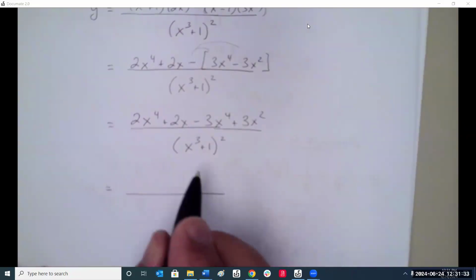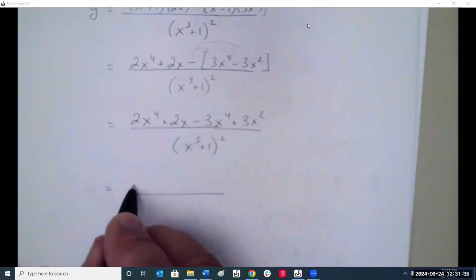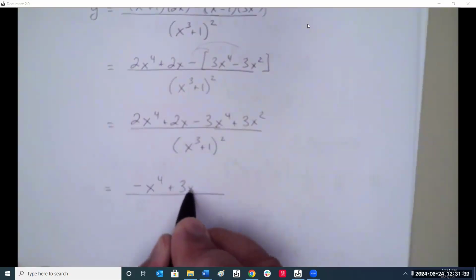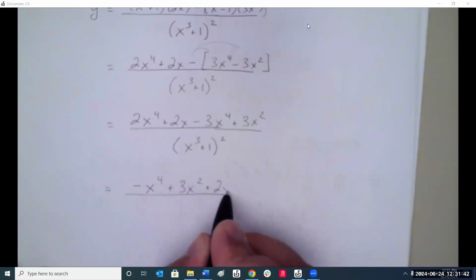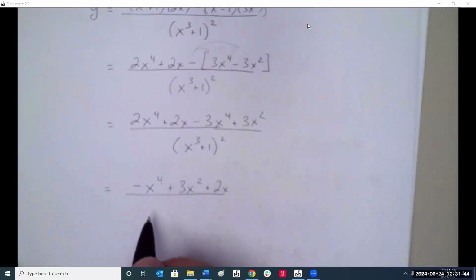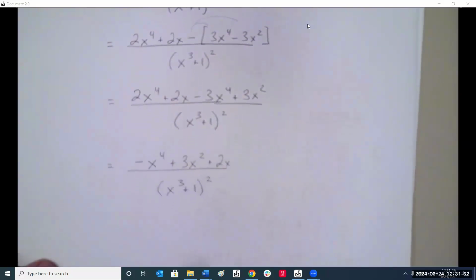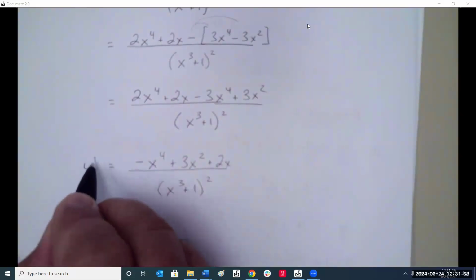Combine like terms. 2x minus 3x is negative x to the fourth plus 3x squared plus 2x, over x cubed plus 1 squared. That's your derivative.